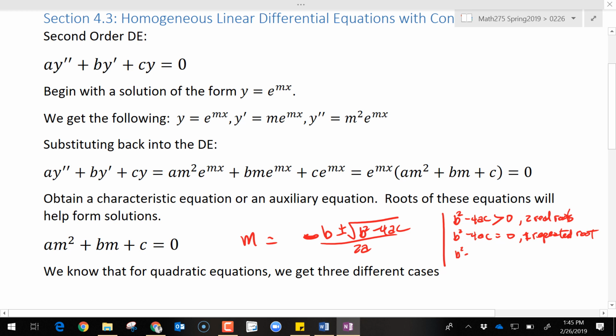And if b squared minus 4ac is less than 0, then we actually have something there. Anybody know what we have? Imaginary numbers. We actually get complex conjugates.